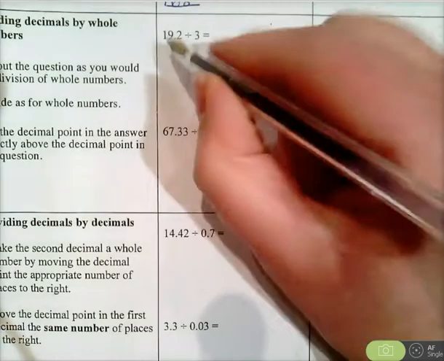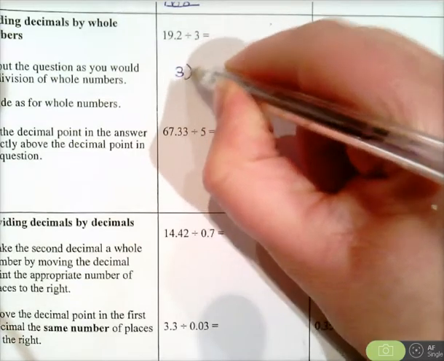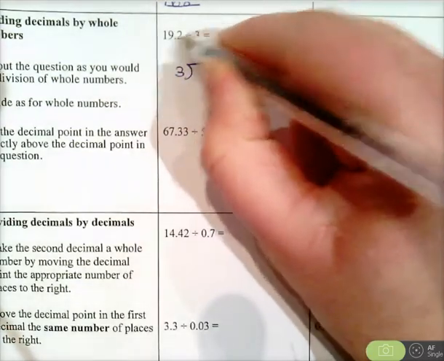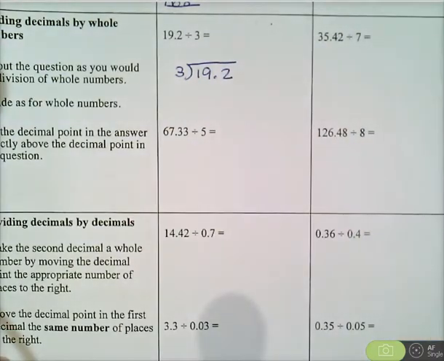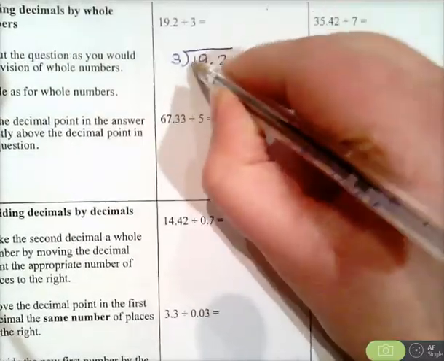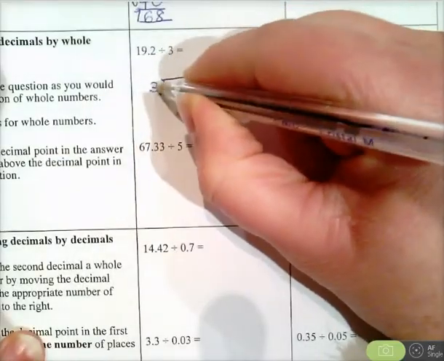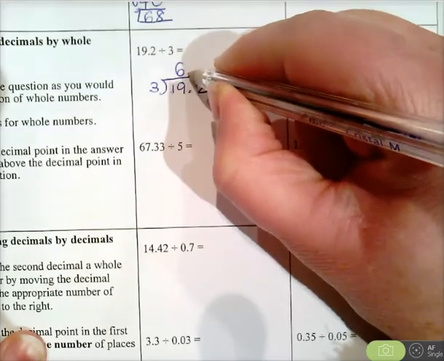Okay, now in the next question we're doing 19.2 divided by 3. Now that is the same as asking, how many times does 3 go into 19.2? So we set our question out like that. So we go 3 into 1 doesn't go. So then it becomes 3 into 19. Now 3 6s are 18, so it goes 6 times.